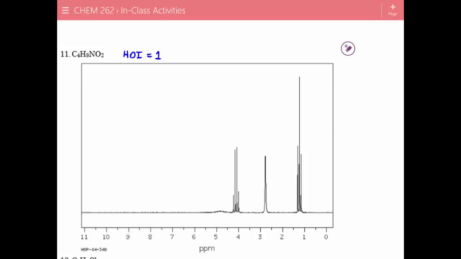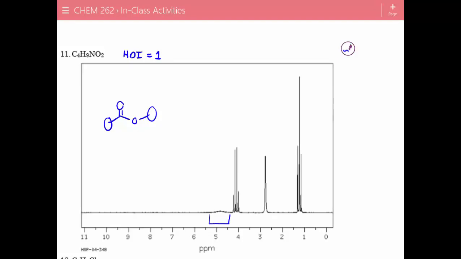So let's just start by creating this skeleton that includes an ester, and then we have to figure out what's coming off this end on the right and this end on the left, and try to identify what substituents are coming off there. The other thing some people had trouble seeing was this little hump between 4 and 5.